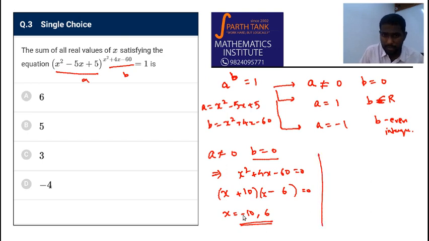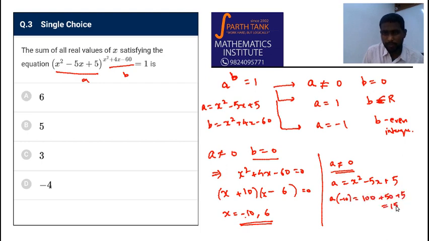Now we have to check whether a is not equal to 0. Okay. If I put minus 10 in a, x squared minus 5x plus 5, a at minus 10 would be 100 plus 50 plus 5, 155, not 0. So minus 10 is valid. And a at 6 is going to be 36 minus 30 plus 5, which is 11.